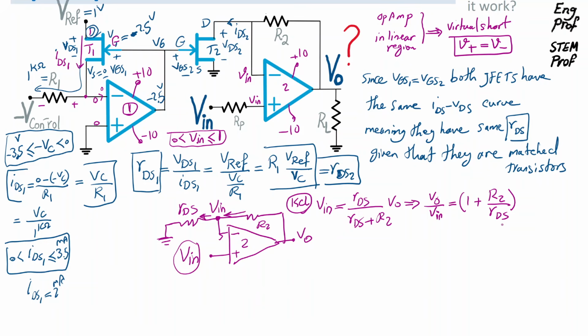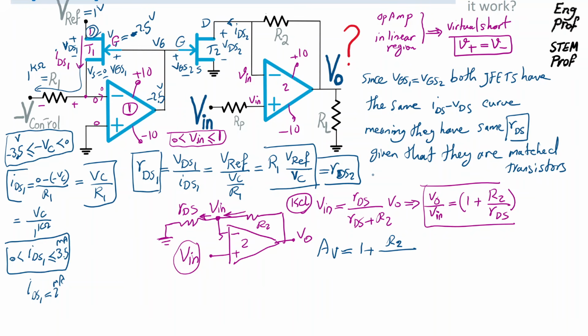Alright, in this equation now, I'm going to substitute RDS with the formula we found, which is this value. If I do that, then the amplifier voltage gain AV is equal to 1 plus R2 divided by RDS.